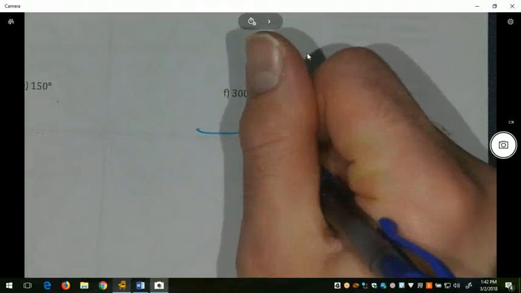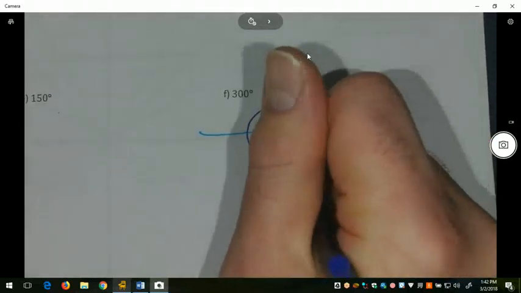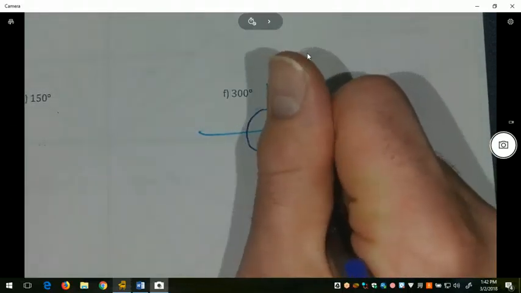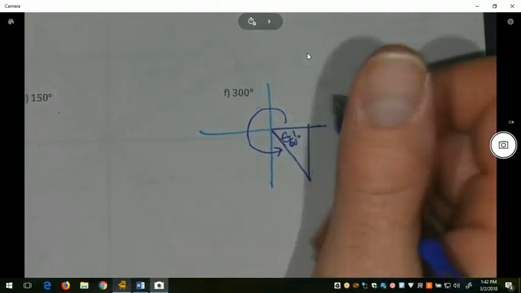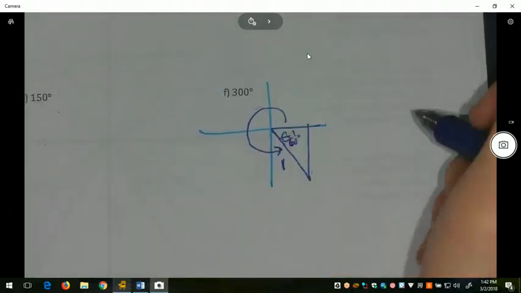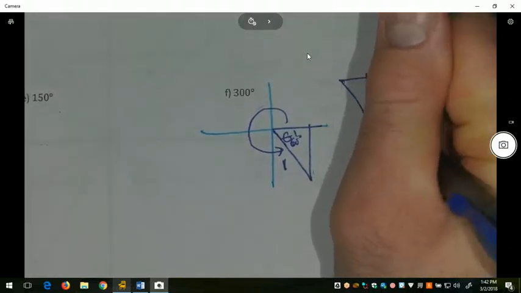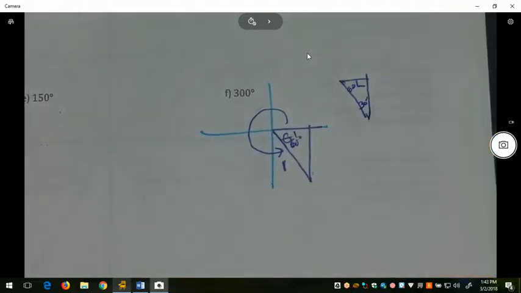So 300 degrees is in here, so that goes all the way around, and here's theta prime, our reference angle, the 60-degree reference angle. And so for that, this is 1. So again, I'm going to draw a 30, 60, 90 triangle in that same orientation. Here's my 30, here's my 60, here's my 90.